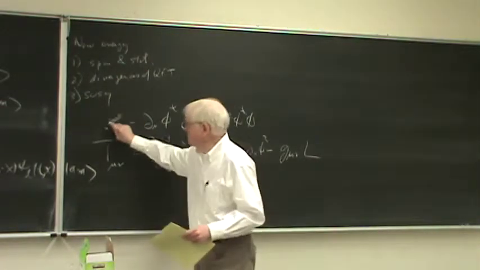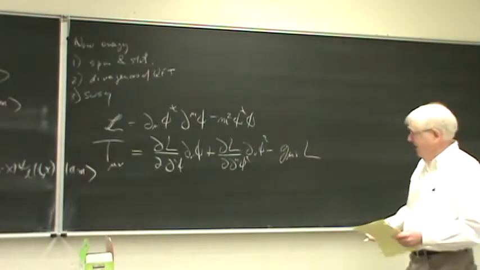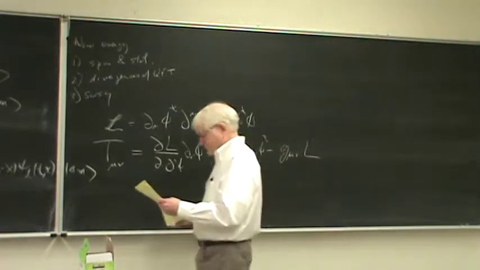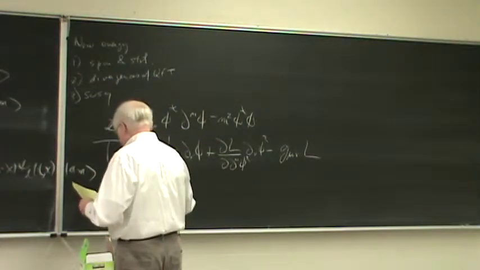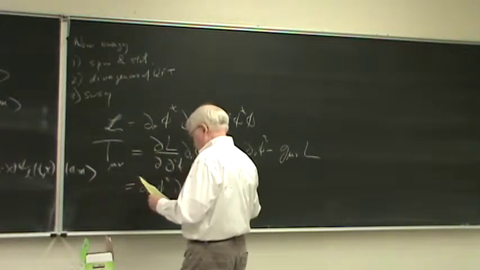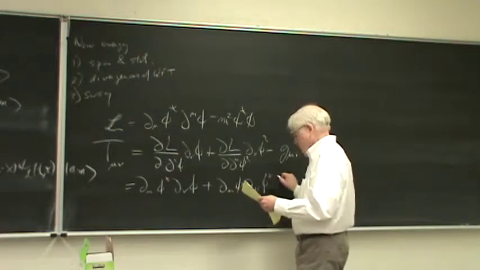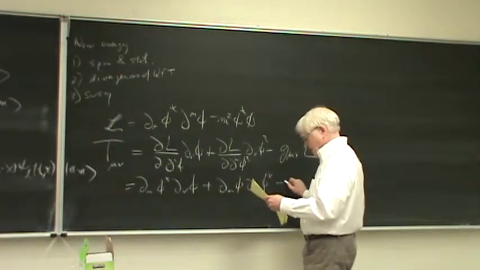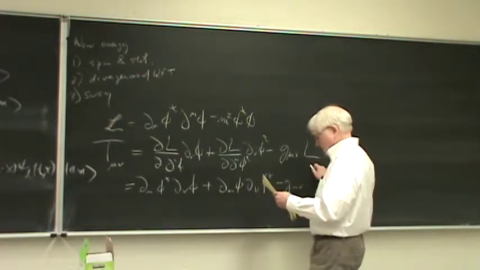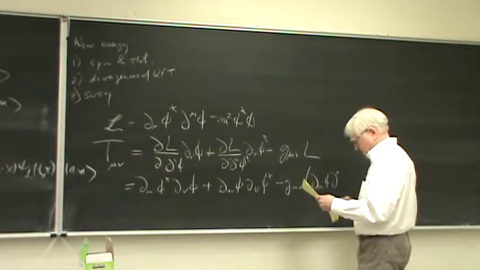I'm just going to write this as L. It's too hard to type math now. And so this is ∂μφ* ∂νφ plus ∂μφ ∂νφ*, minus gμν, and now ∂αφ* ∂αφ minus m² φ*φ.